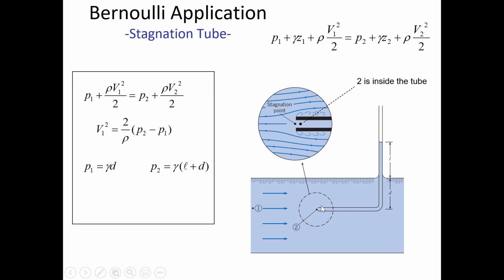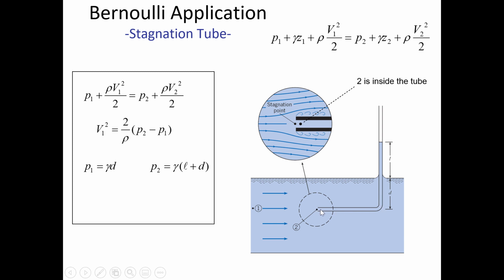P2, so inside the tube, let's apply the hydrostatic equation. And so this stagnation tube is open to the atmosphere, and so the pressure is 0 at this interface. And then it increases as you go down through the fluid.